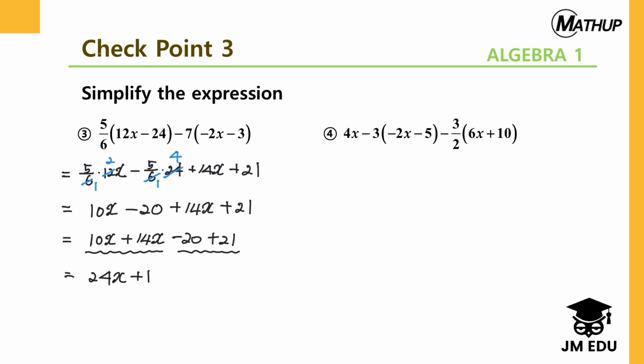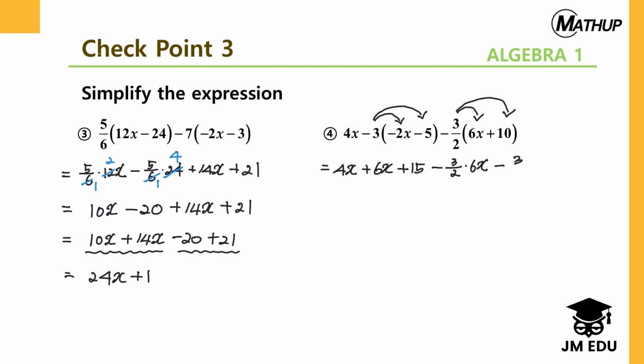Number 4, we have 4x, minus 3 times minus 2x, that's plus 6x, minus 3 times minus 5, that's plus 15. Then minus 3 over 2 times 6x, and minus 3 over 2 times plus 10.